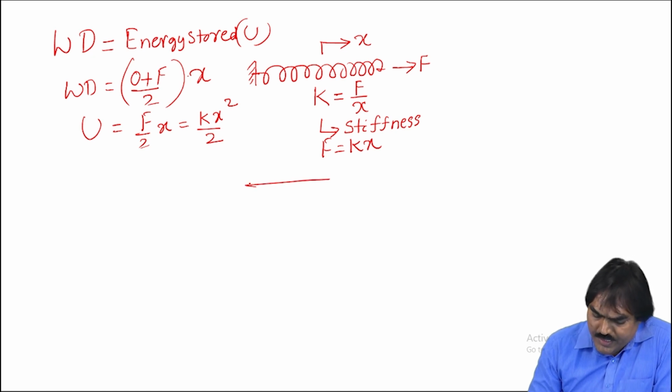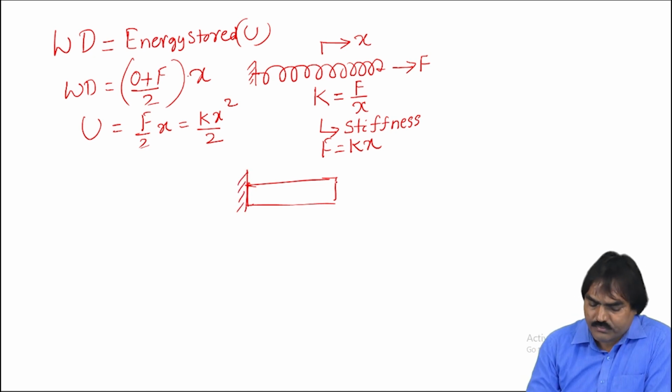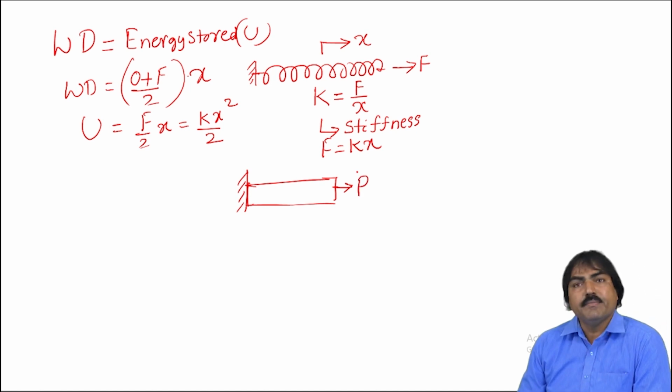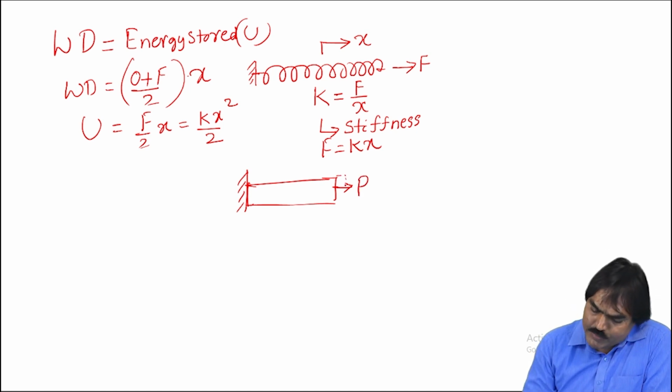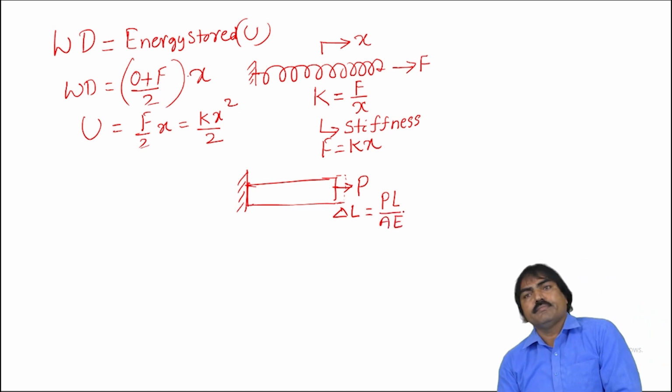Similarly, if I take an axial member, when this is subjected to load P, it will have a small displacement delta L. For elastic structures, we know that this displacement is given by PL by AE.